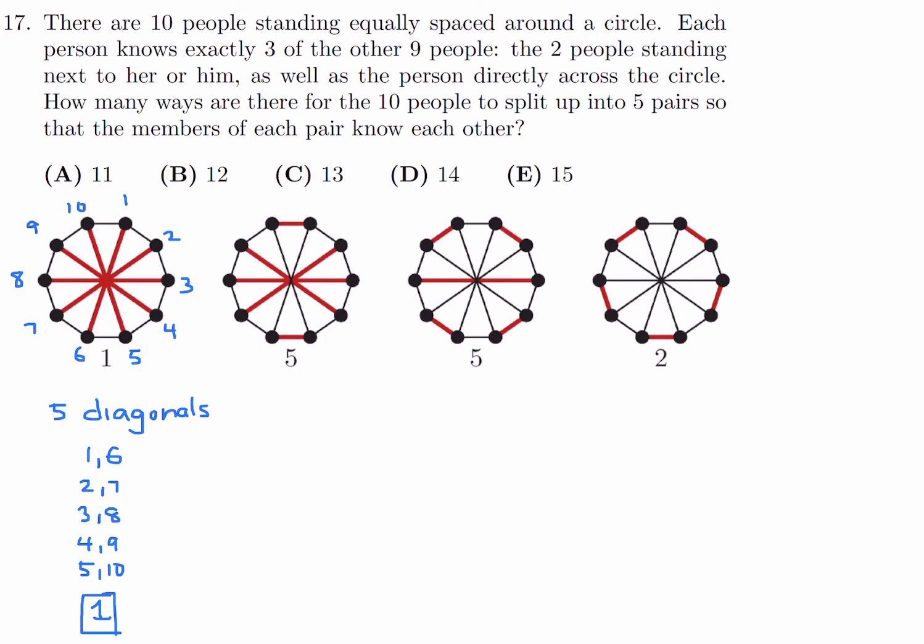Okay, so that's pretty straightforward. Now, how about 4 diagonals? 4 diagonals doesn't work, because if I use 1, 2, 3, 4, there's only 2 people left, 10 and 5, so they must go together. So 4 diagonals is basically like 5 diagonals. Now let's move to 3 diagonals, which is what this is illustrating. Not only is it 3 diagonals, but it's also 3 diagonals in a very specific form.